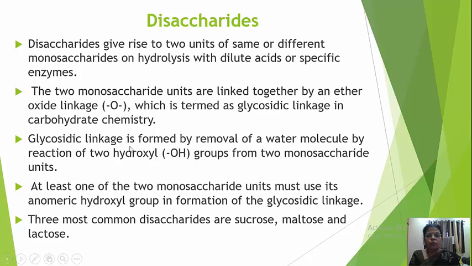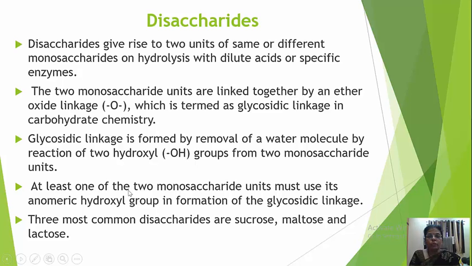Glycosidic linkage is formed by the removal of a water molecule by reaction of 2 hydroxyl groups from 2 monosaccharide units. That is, when 2 monosaccharide units react, H2O is removed from 2 hydroxy groups of the 2 monosaccharides to form a glycosidic linkage.